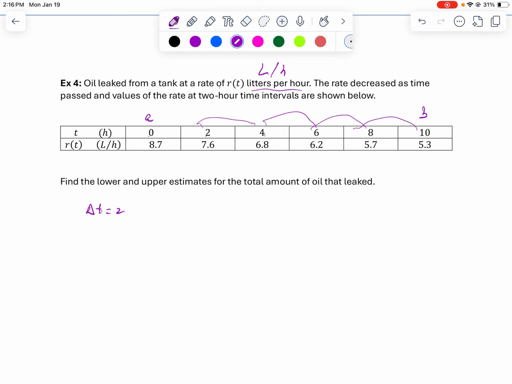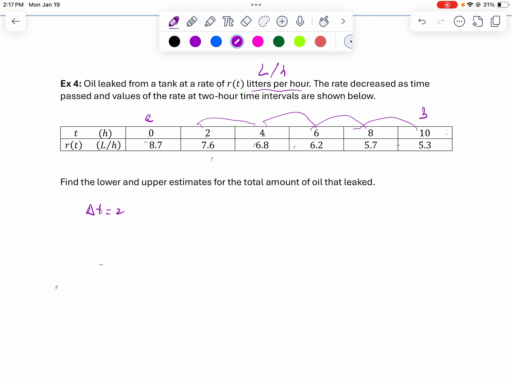Or actually, the interval from 0 to 10 hours has been divided into 6 sub intervals. Okay. So how do we start? Lower estimate and upper estimate.